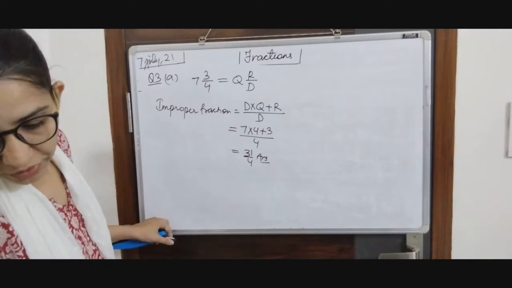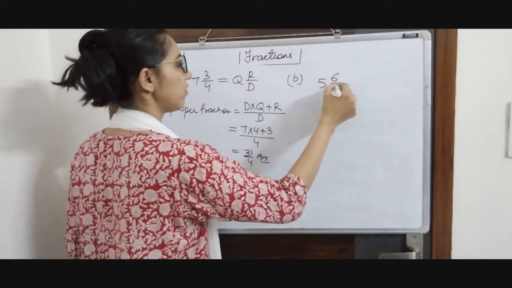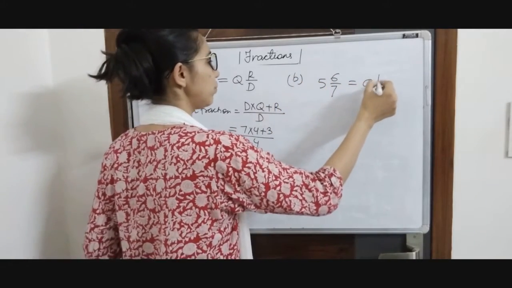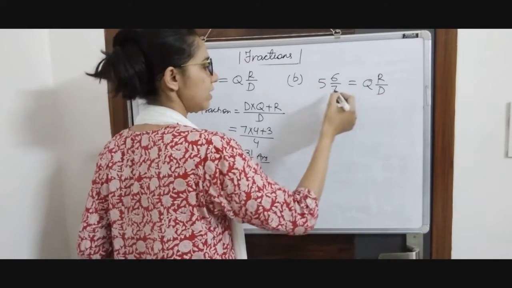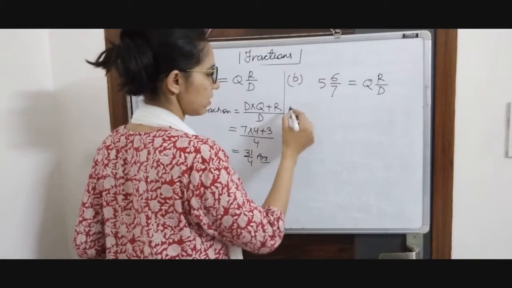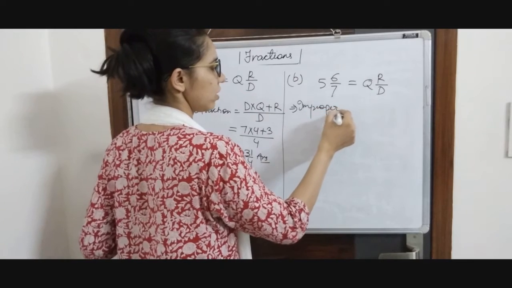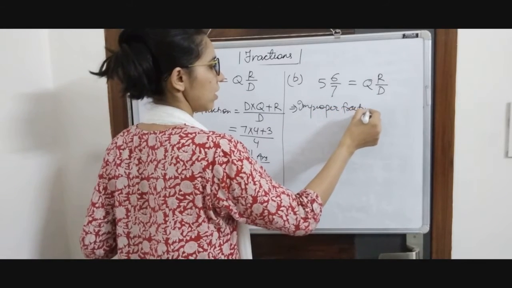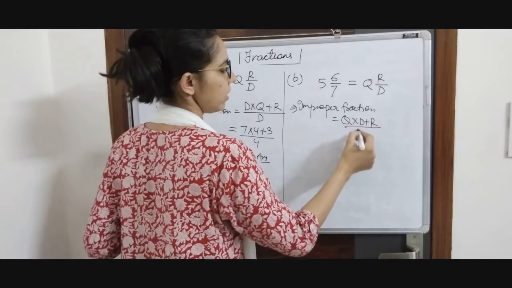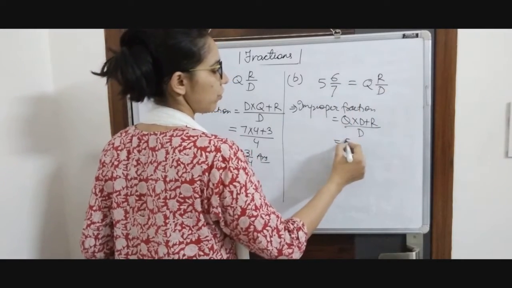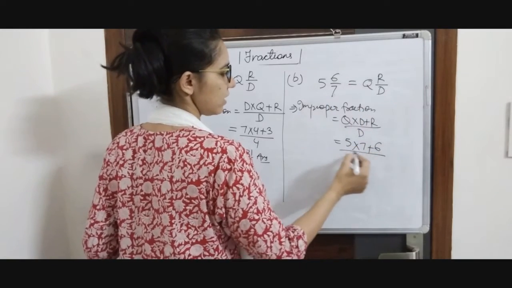Next is 5 6 by 7. We will compare it with Q R by D, which is the mixed fraction, and we will get the value of Q, R and D. Implies our improper fraction will be Q into D plus R divided by D, which is going to be Q is your 5, D is 7, plus R is 6 and D is 7.